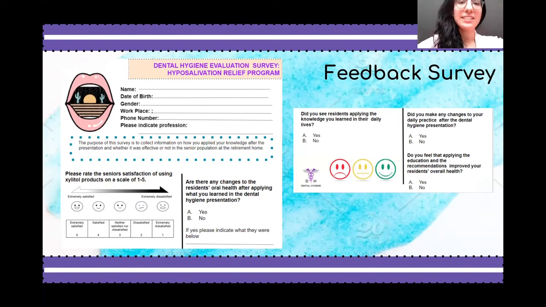The feedback survey is something that we have created so that when you take this knowledge, in 3 months or so, we would ask you to answer these questions to see if there was any sort of improvement in the residents when you share this knowledge with them or with your colleagues, just to see if there was improvement in the dry mouth the residents had.